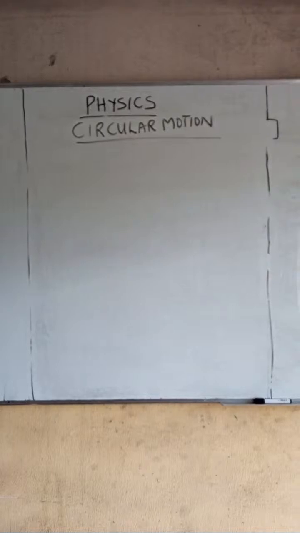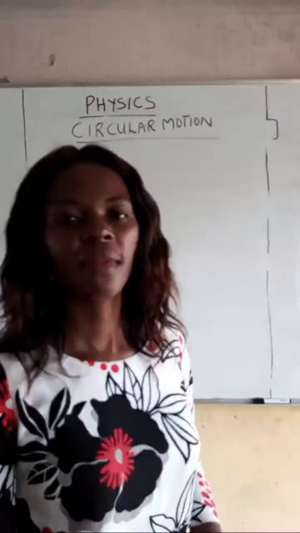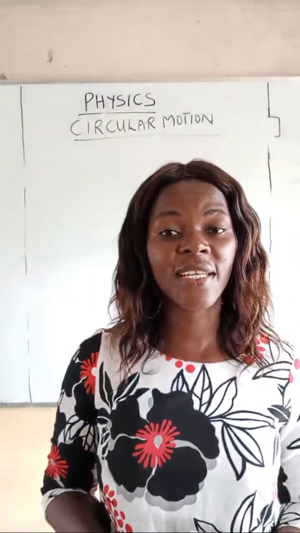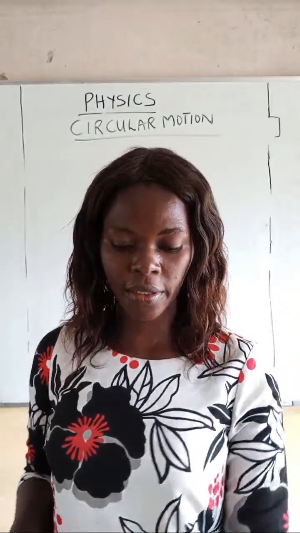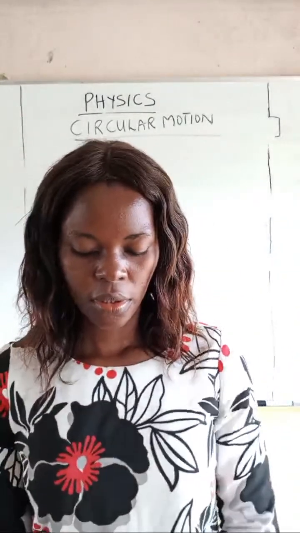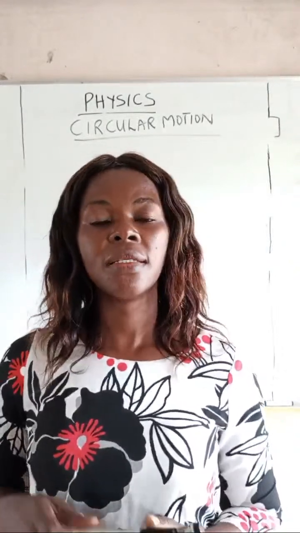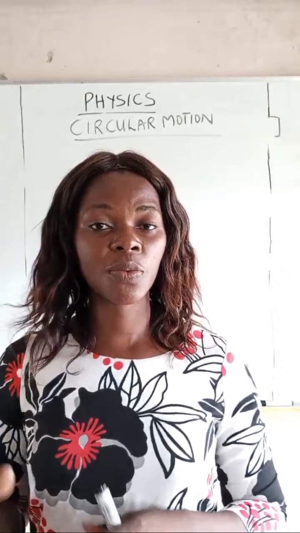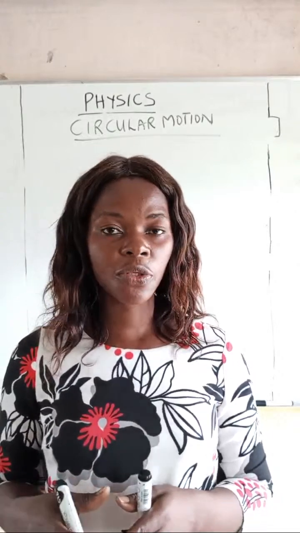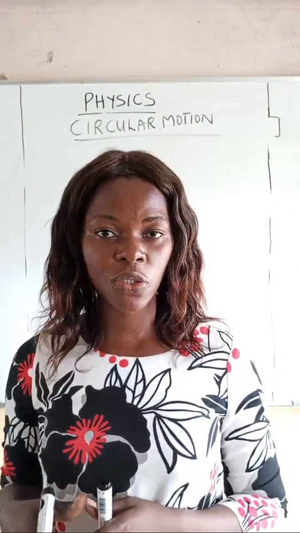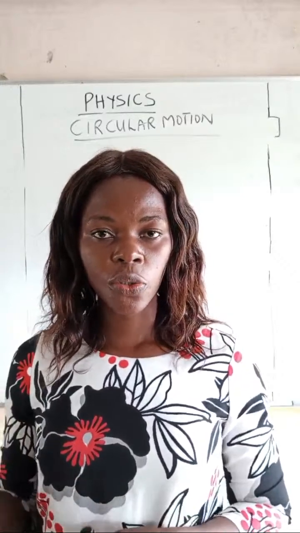All right, so we can start. Good afternoon, everyone. You're welcome to today's class. So what we're going to look at now is circular motion, okay? If you look at circular motion, we still remember rotational motion. Anything that happens in a circular form is said to be circular motion, and it's also said to be rotational motion, okay? But in circular motion, there are so many things that are taken into consideration, different from rotational motion. So let's get into that.